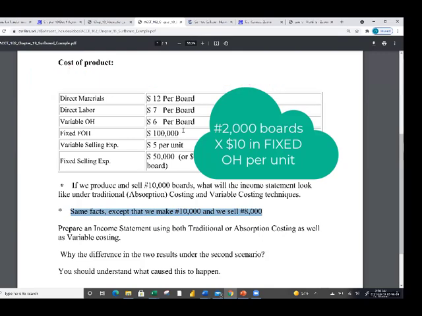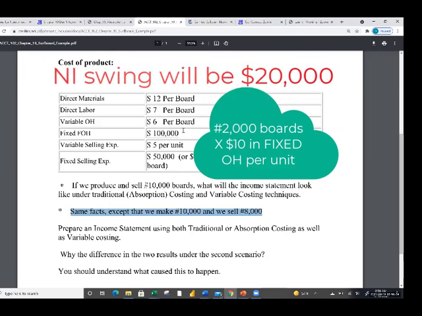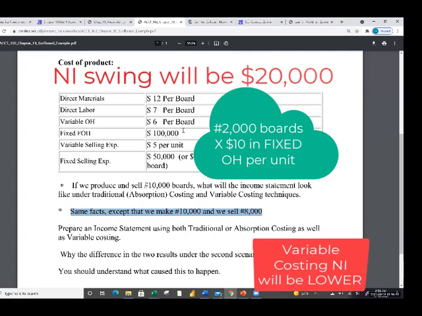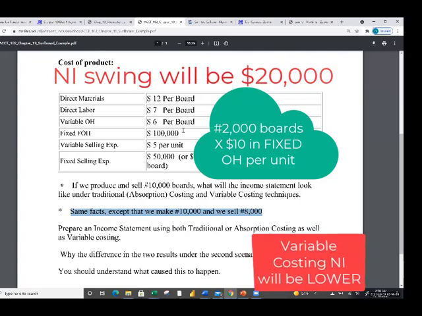I can probably do it in my head, but 2,000 boards times the $10 per unit fixed overhead cost. My net income, I'll tell you right now before I do it, is going to be $20,000 less on the direct costing side. Okay, because 100% of that fixed overhead is going to be expensed on the direct costing side, where only 8,000 boards are going to be expensed on the traditional costing.